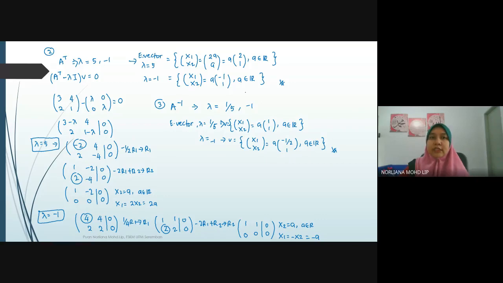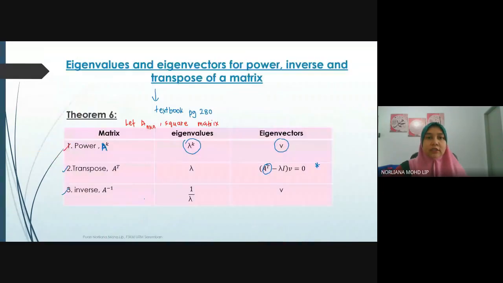So yang complicated sikit yang untuk ni lah A transpose tadi kan. Kena cari eigenvector yang baru. Okay, so boleh ingat lah theorem 6 ni. Contohlah kalau tak ingat, kenalah buat secara daripada awal kan. Buat daripada awal pun sama, akan dapat sama lah jawapannya.